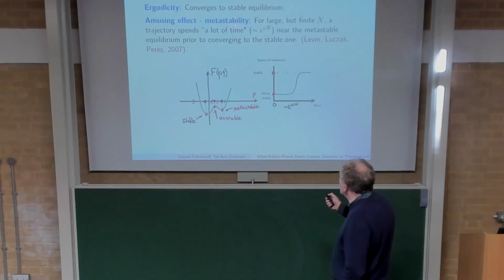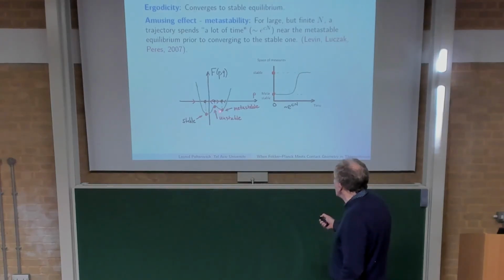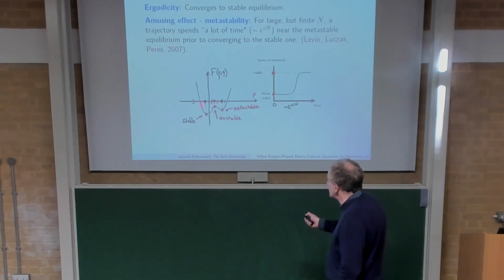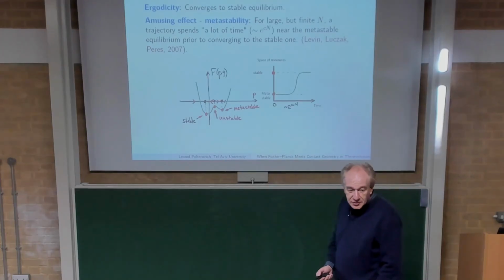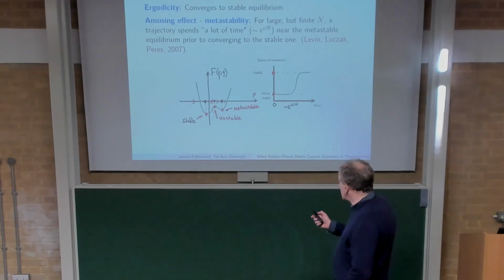The system sits in a metastable state for a long time and then goes to the stable state. It's a diffusion, so it oscillates near the metastable state. At some point there will be a large deviation, a large oscillation, which will enable it to cross here, and then, boom, it returns to the stable state. So this was understood on a probabilistic level.